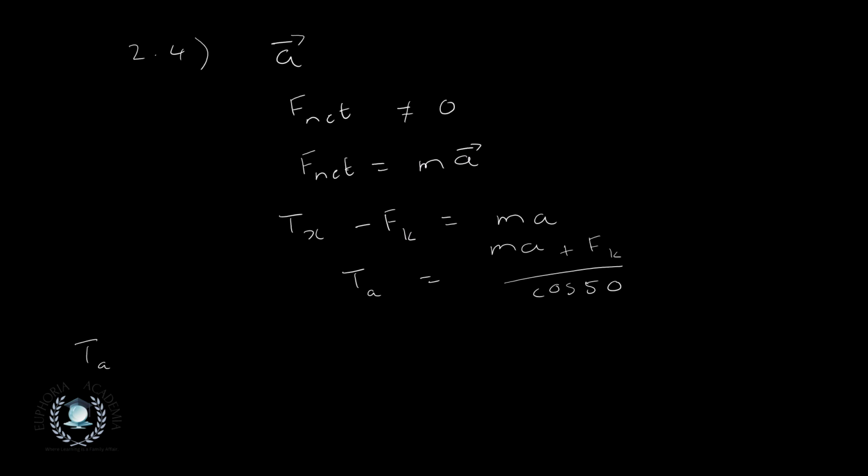So our TA, will it be larger or smaller than our initial one without acceleration? So our T naught, when we didn't have acceleration, is equal to our Fk divided by our cos 50 degrees. Now we can see that because we don't have MA added to the numerator here, it is the case that our TA will be larger than our T naught.